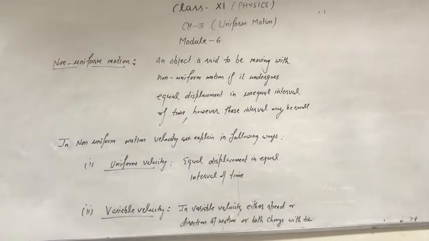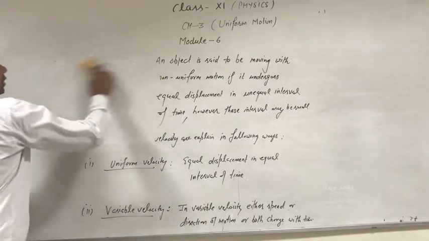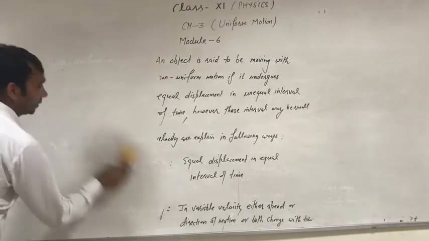That is called variable velocity. Now the next one is average velocity.